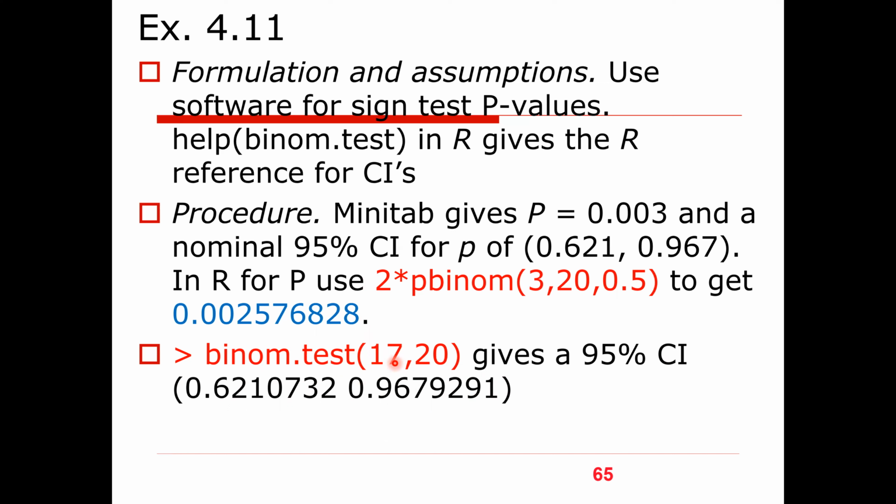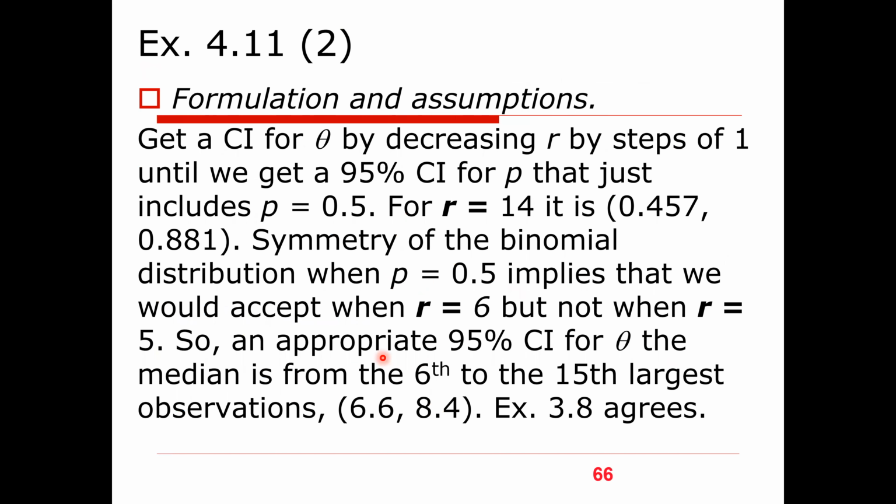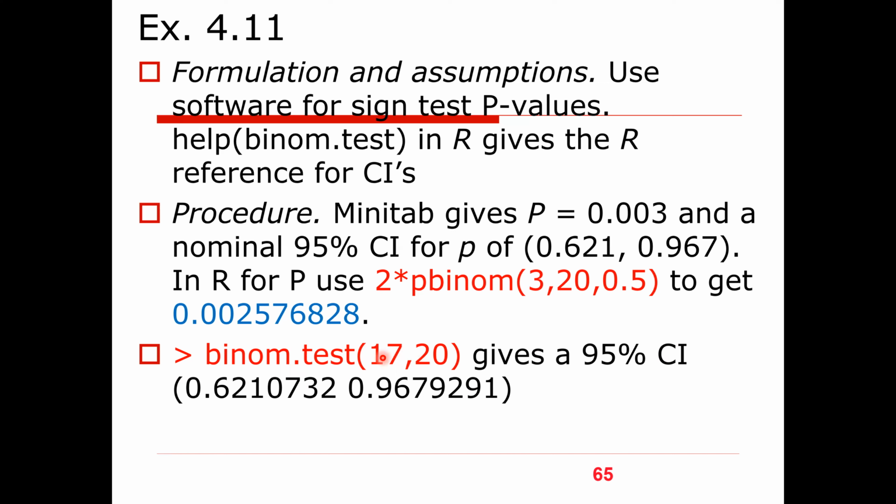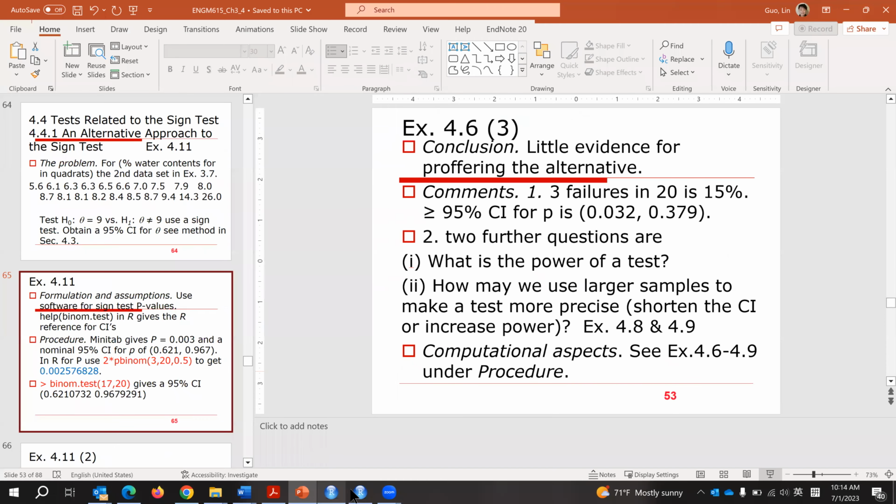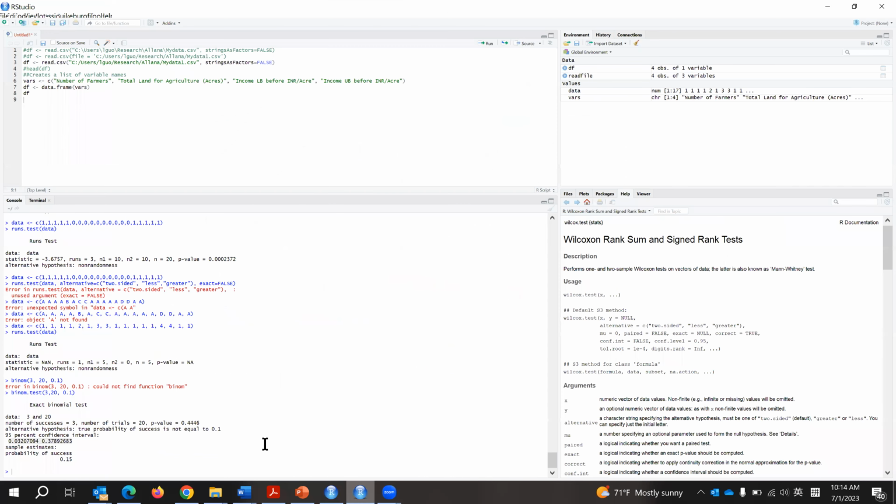And because it's symmetric, we can use 20 minus this value to get the lower bound of the confidence interval. So how to do it? Because here we have 17 and the confidence interval is above 0.5, let's try 16, 15, 14, 13 until we get a confidence interval that contains 0.5.